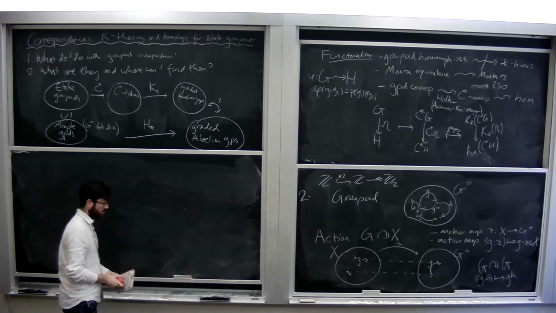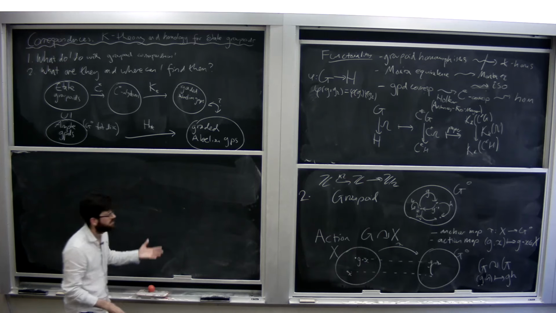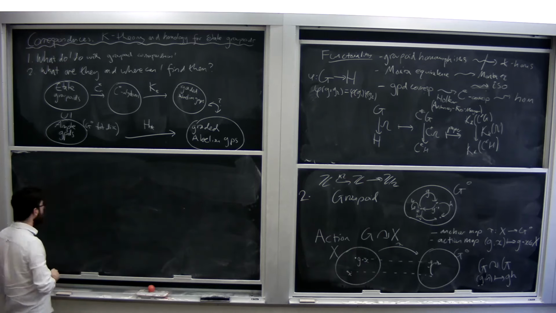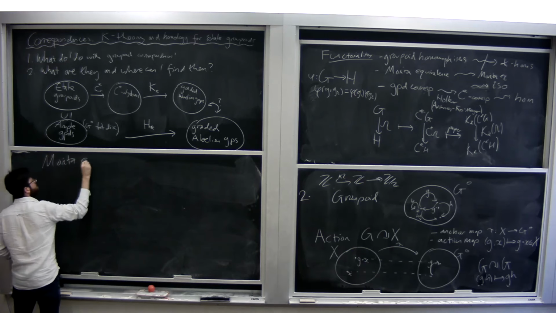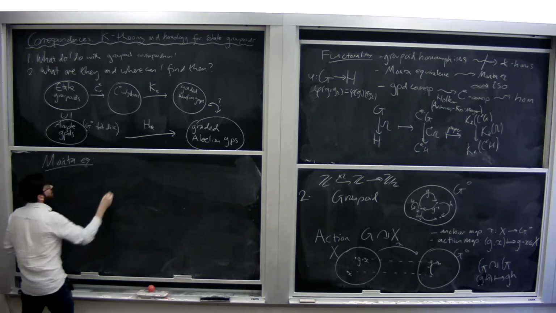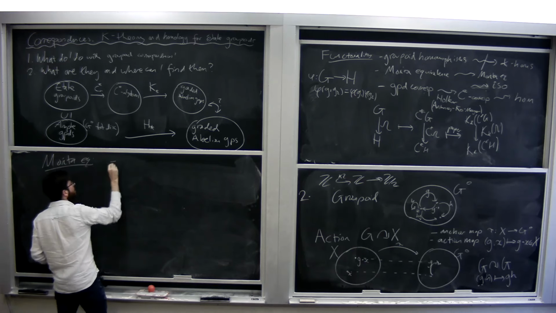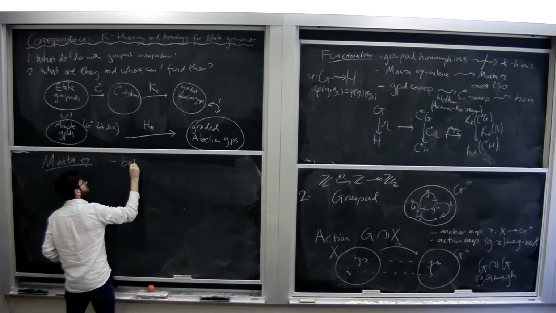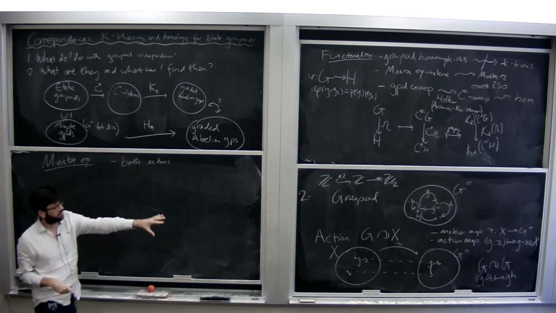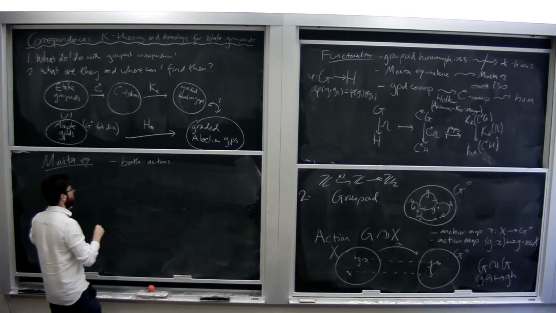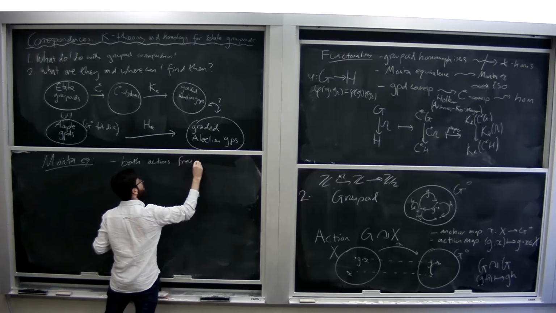So now I need to give you some examples. I've just given you a definition, which is not much use. The first class of examples I cover, as I said earlier, is Morita equivalences. So we have a correspondence, but now we ask for both actions to be free and proper.